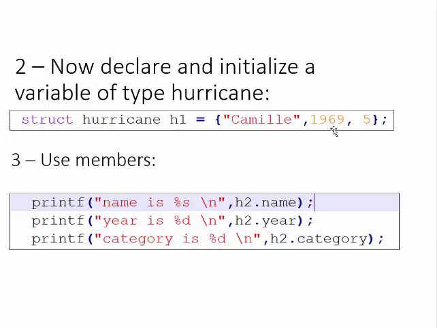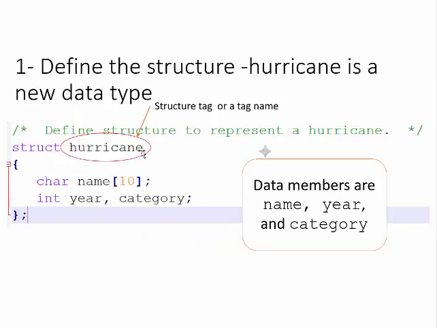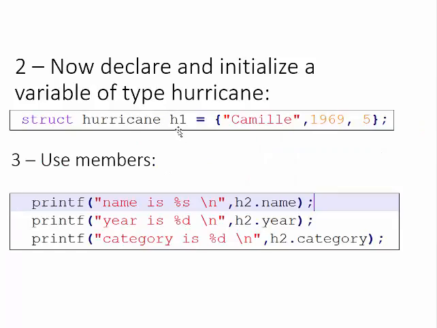So its name is Camille, the year is 1969, it was a category 5. So now I've actually made a particular hurricane right here, particular hurricane H1. In the previous slide, I defined what the structure consists of, but there's no specific details. Now I'm giving properties to these particular data types, or giving values to it for a particular hurricane H1.